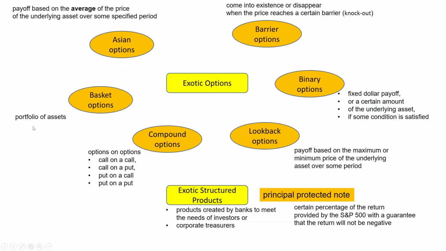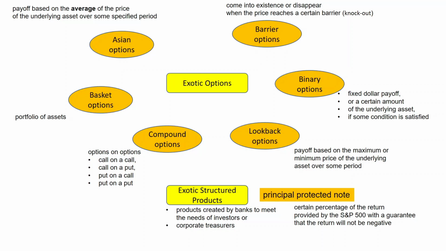Yeah. Okay, exotic options. What kind of options can we find if we are not just talking about European or American options? There are a lot of things. So, Asian options. Asian options provide a payoff based on the average price of the underlying asset during some specified time period.